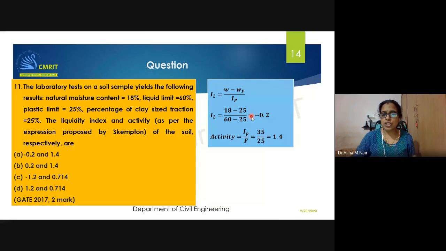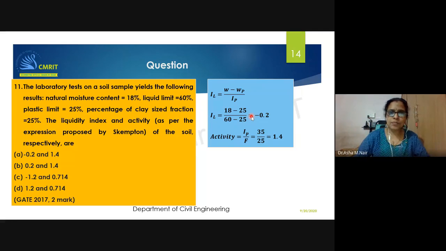Your answer is clear from the options A, B, C, D: minus 0.2 appears only in option A. You are expecting 1.4 for the next part, activity. How do you cross check that? Activity is equal to plasticity index IP divided by percentage of clay fraction.